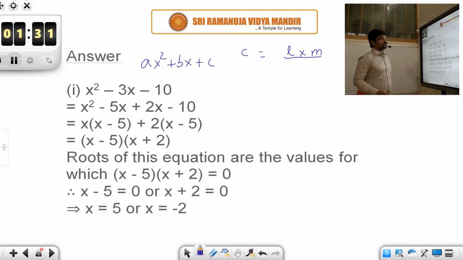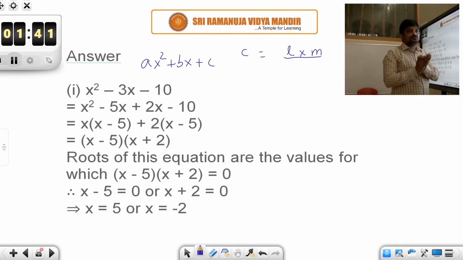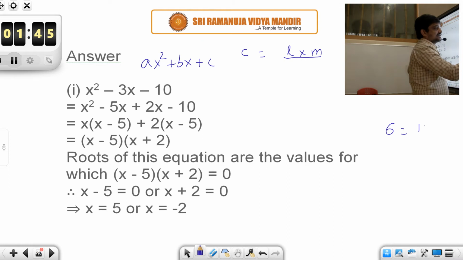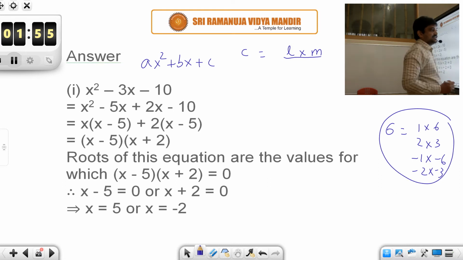You could always write any given number as a product of two numbers in multiple ways. For example, look at 6. 6 you can write as 1 into 6 or 2 into 3 or minus 1 into minus 6 or minus 2 into minus 3. See, there are multiple ways of writing this.